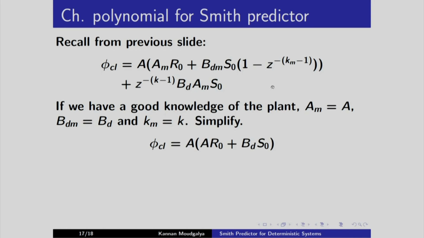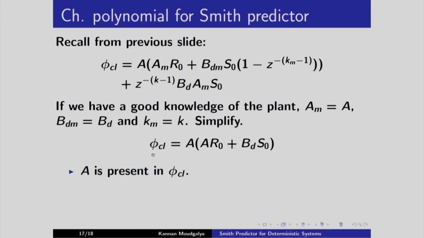As a result, we get phi CL equals A into AM R naught plus this term multiplying 1, because this term would have cancelled this term, and we have replaced BDM as BD, and of course we already substituted AM equals A and KM equals K to get this term cancelled.